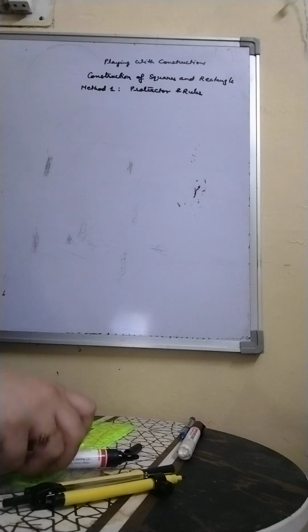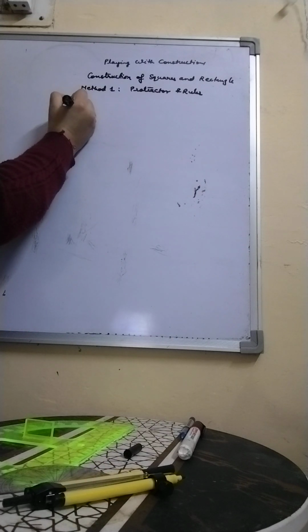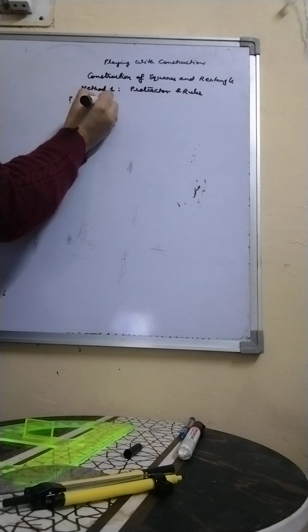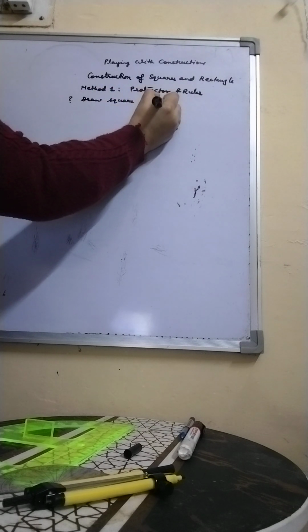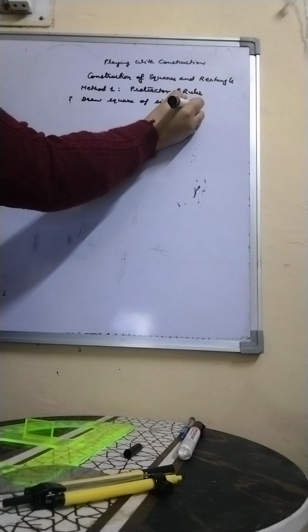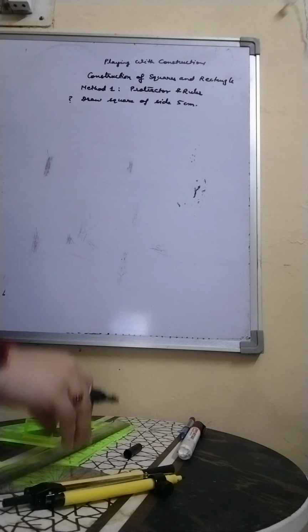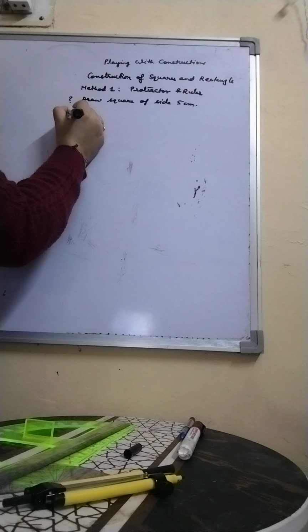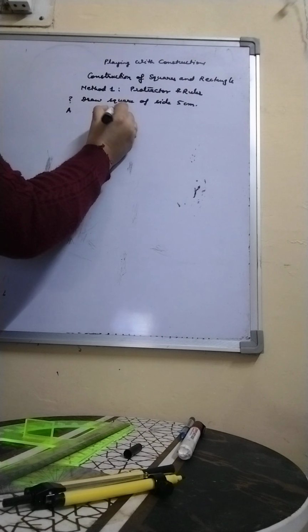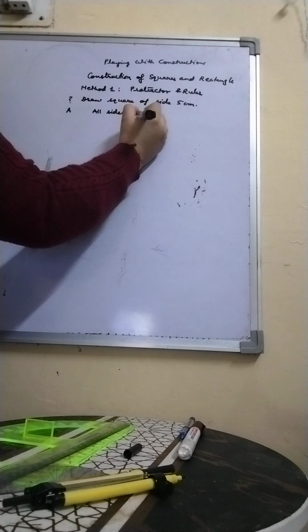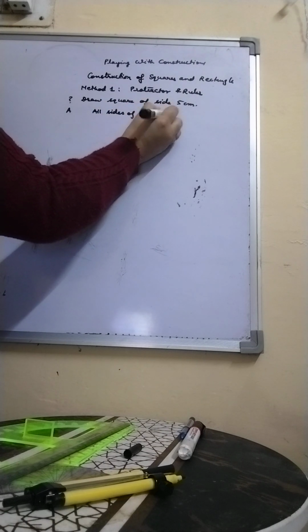In this method, suppose you have been given a question: draw a square of side 5 centimeter. Now you know that in the answer you will write that all sides of a square are equal.